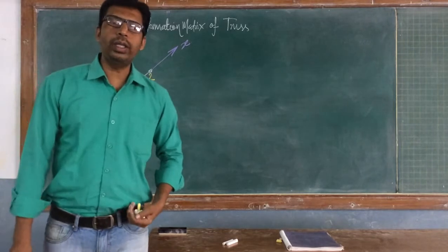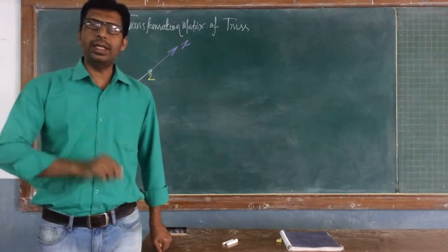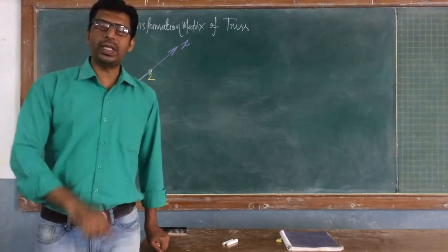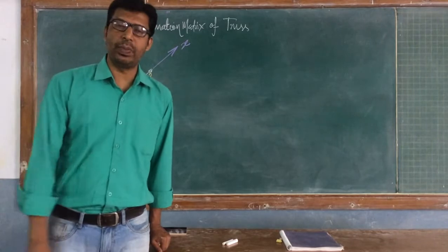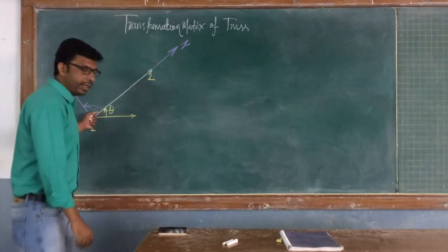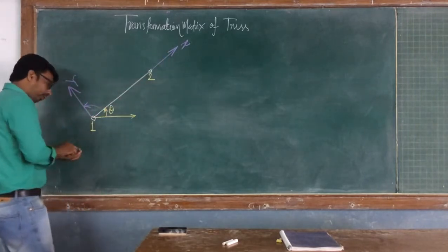Now if you want to show the local unknowns in this bar, at each node of the bar there is one displacement, and that is axial displacement along the bar member. So if the bar is inclined, the displacement is also inclined.